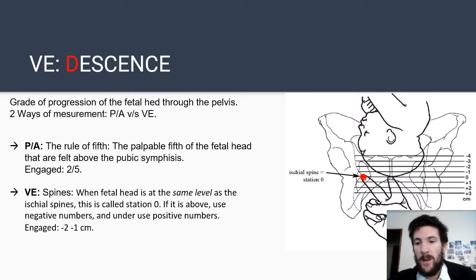While you touch the spine with one finger, you have to touch the presenting part of the baby with the other, and you have to compare if the presenting part is upper, or if the baby is downwards. If the baby is down, you give positive numbers, as I said previously, and if it's up, you give negative numbers. When the fetal head is at the same level as the ischial spine, you call it station 0. Okay?